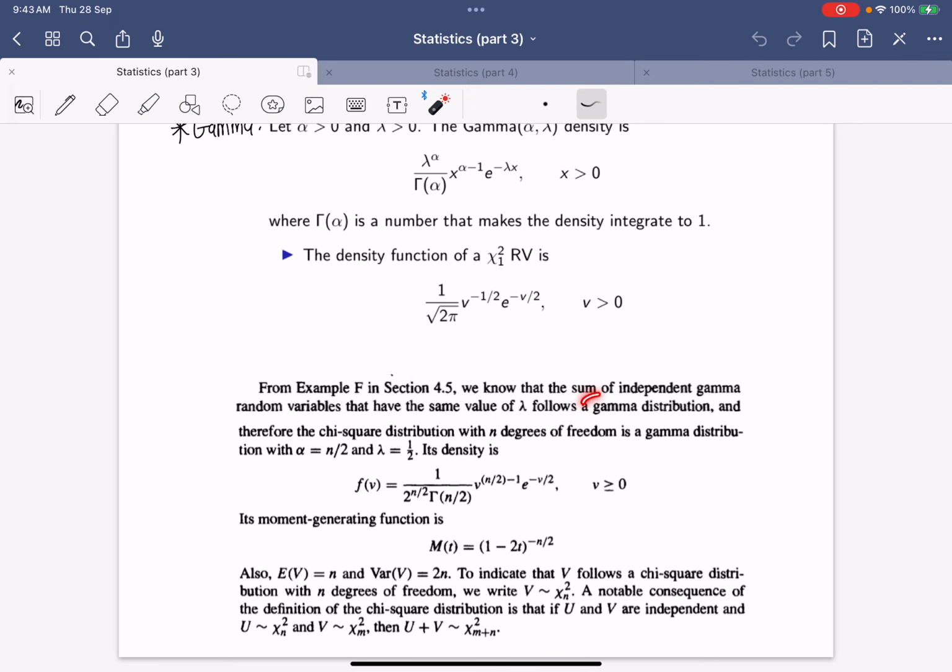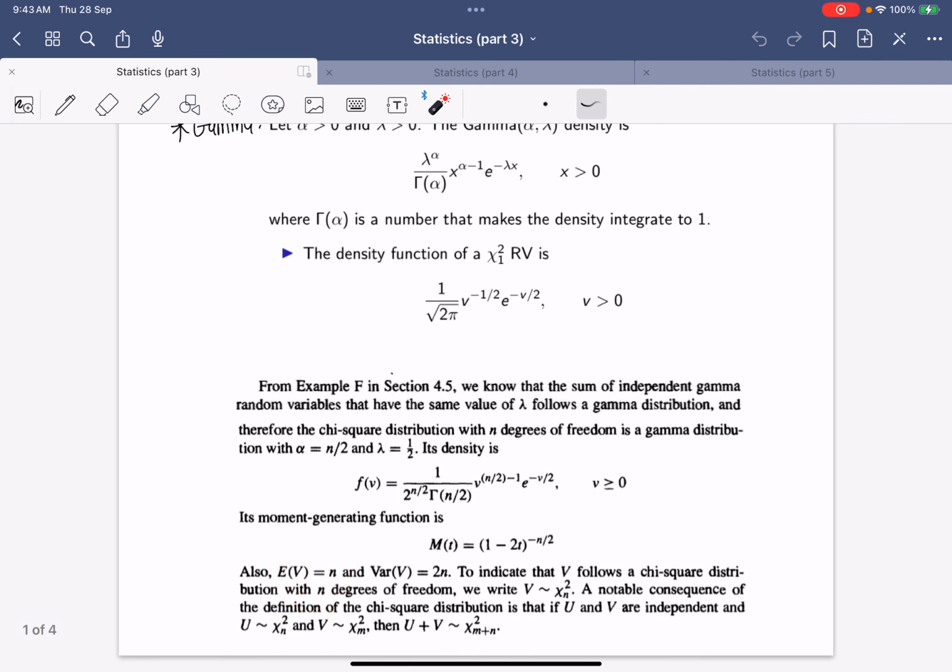We also note that the sum of independent gammas with the same lambda value is again gamma, and therefore because chi-squared is gamma, adding them together will have the same lambda. So this allows us to find the expectation to be n, and the variance is 2n.